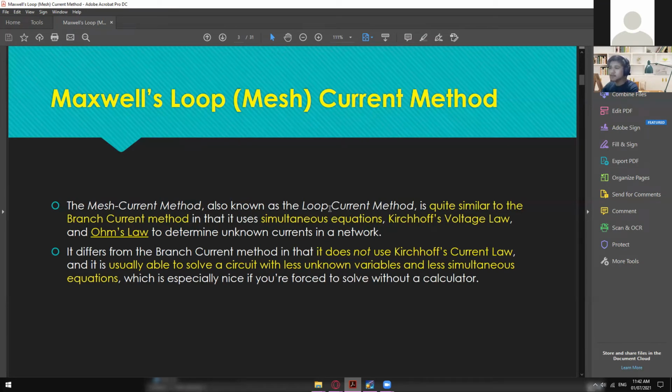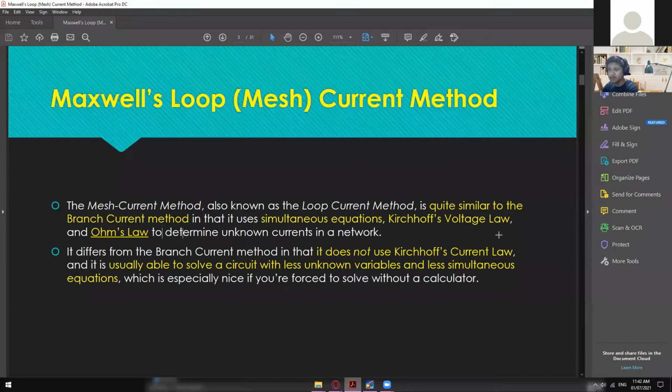So this current method or mesh analysis method is quite similar to the branch current method in that it uses simultaneous equations. It also uses Kirchhoff's voltage law, like what I mentioned a while ago. It also uses Ohm's law, of course. Without Ohm's law, you won't be able to verify if your answer is correct or not.